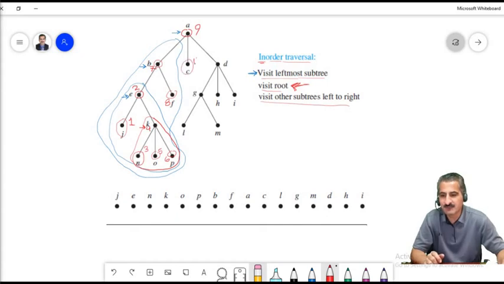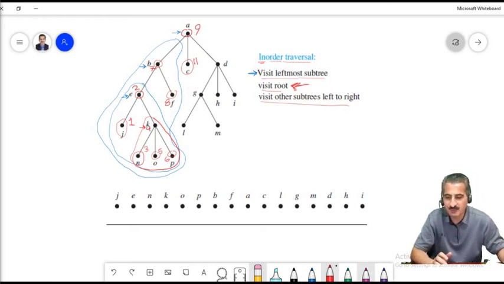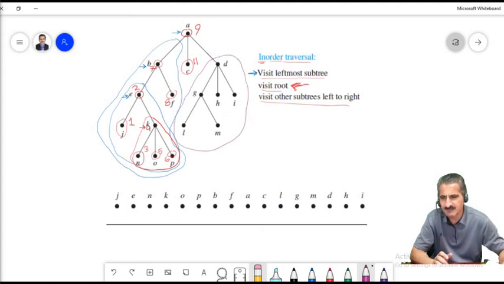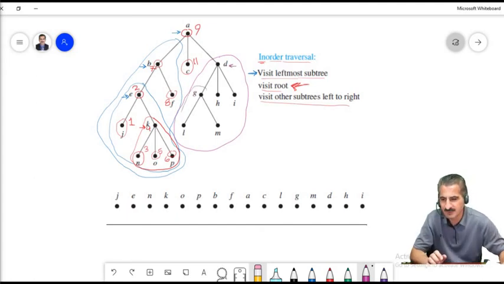This will be 11, and then we go to the rightmost subtree of A, which is rooted at D, but we will not take D because we want to go to the leftmost subtree of D, which is this, and we will not take G unless we go to the leftmost subtree of it, which is L. So this is number 12.